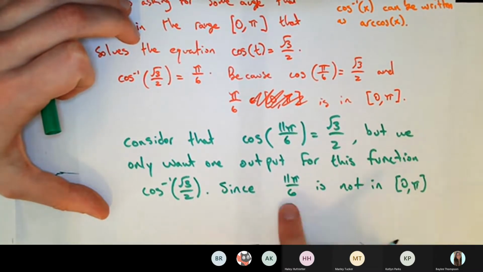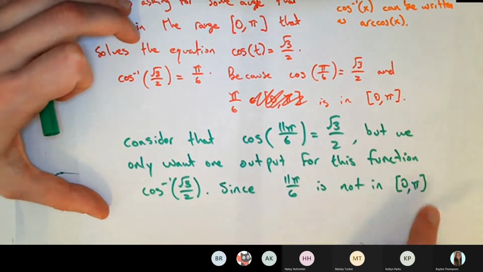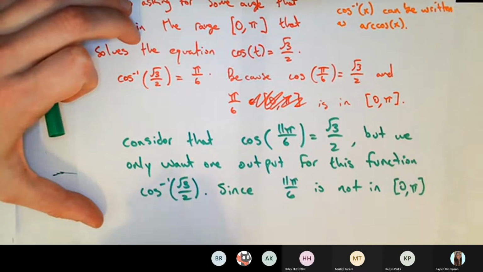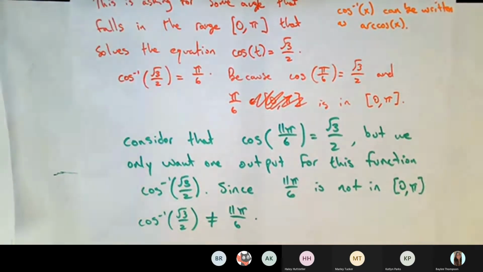If I make these have common denominators, this is 0 to 6 pi on 6. Clearly 11 pi on 6 is too big. So since it's not in that range, cosine inverse of square root of 3 over 2 does not equal 11 pi on 6.